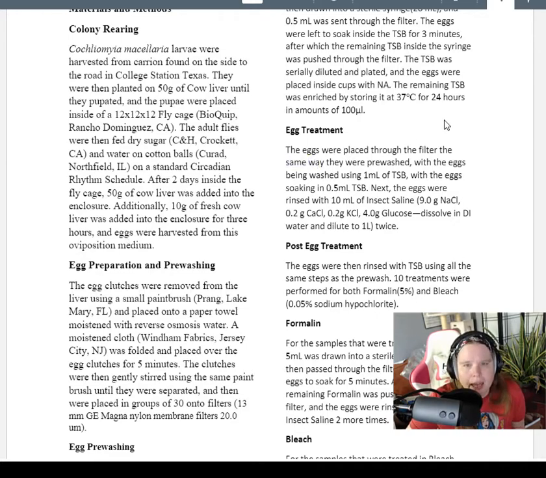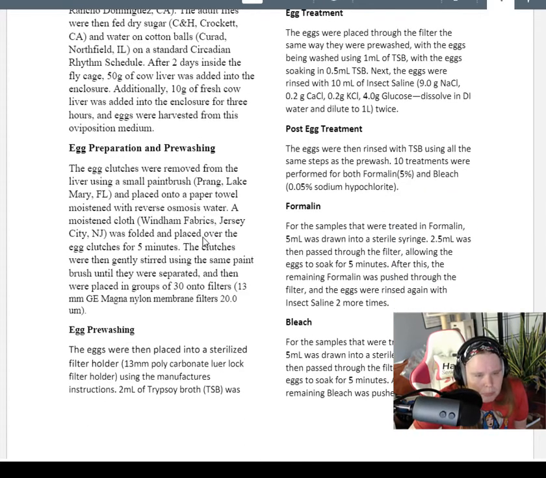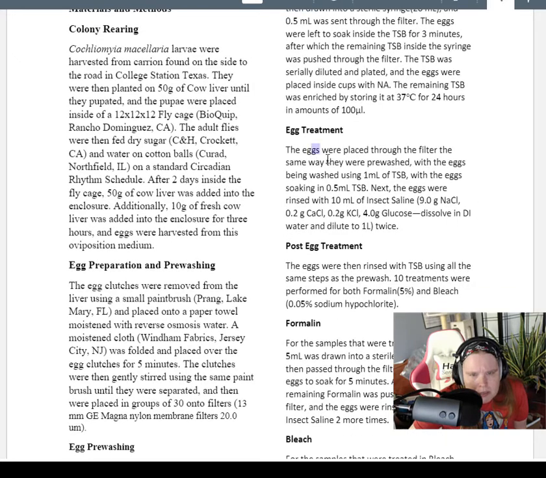Again, you've already said that. So if you say it once in sort of a generic thing, you don't need to say it again. You could just say eggs and filter were pre-washed and then placed in, for treatments. So pre-washing, how was any of this different from what you just wrote out in pre-wash?